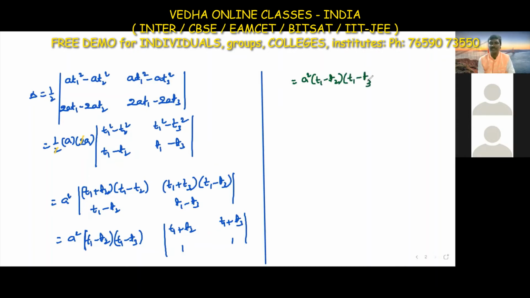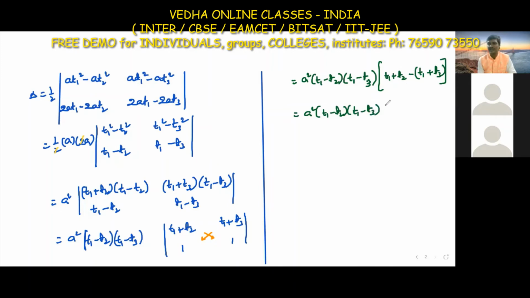After that, the AD minus BC concept we have to apply here for finding the determinant. So expanding here, (t1 plus t2) into 1, minus BC, (t1 plus t3) into 1. Since we have a negative sign, take a common bracket. Now this equals a square into (t1 minus t2) and (t1 minus t3).